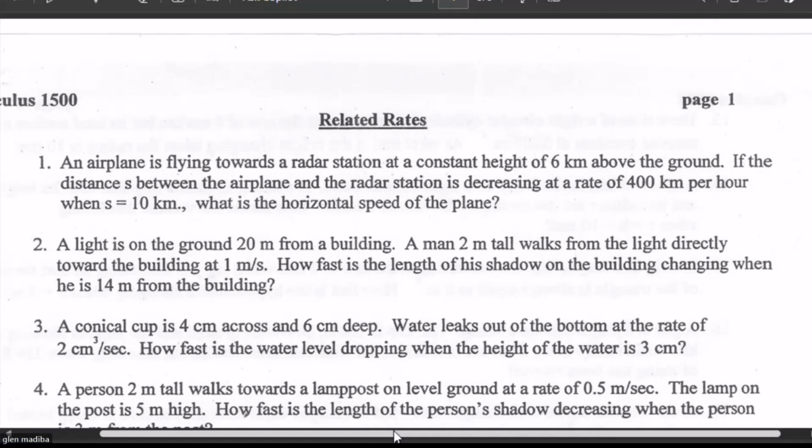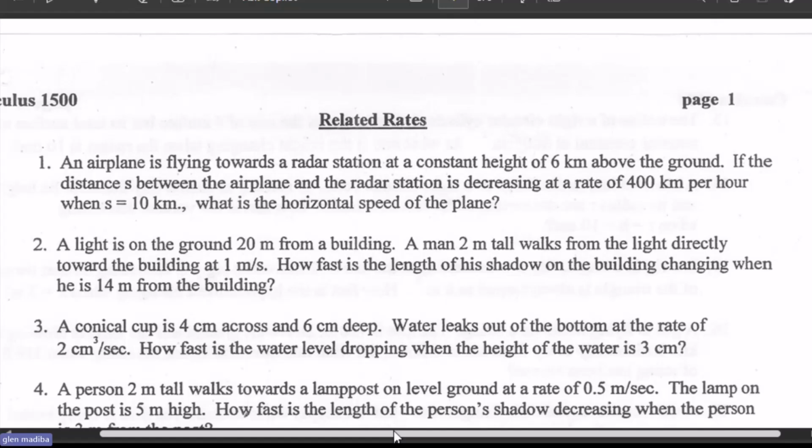Now, remember, the distance is getting shorter and shorter as the plane approaches the airport where it's going to land. Do we agree? Yes, sir. Because it's going to land. It is not going away from the airport. It's going to land at the airport.